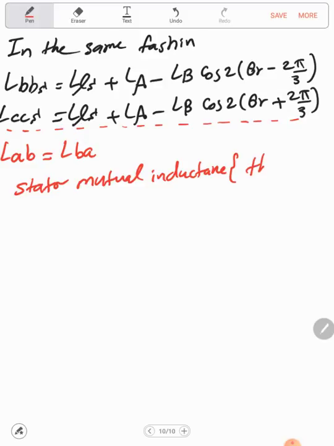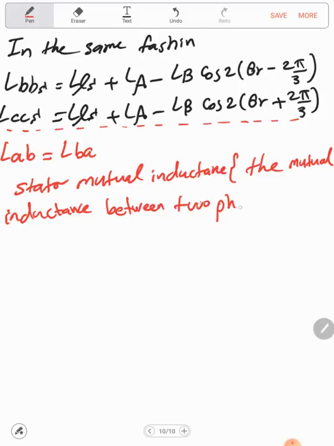So for that, let's calculate LAB or LBA.